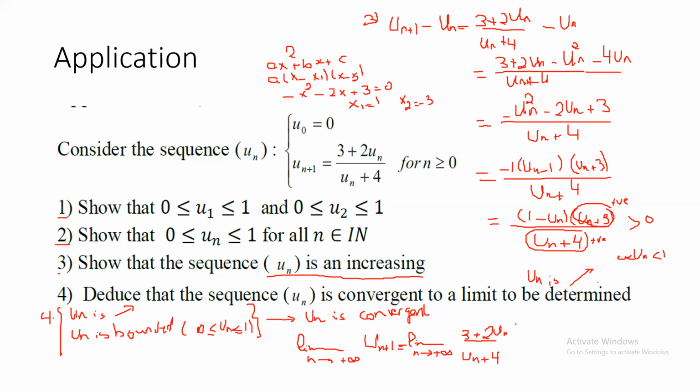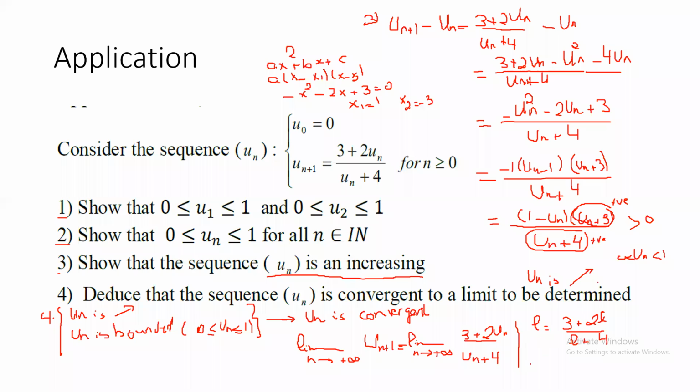Since we know that UN is convergent, we can put L equal 3 plus 2L over L plus 4. At infinity, UN and UN plus 1 tend to the same limit, which is L if it is convergent.